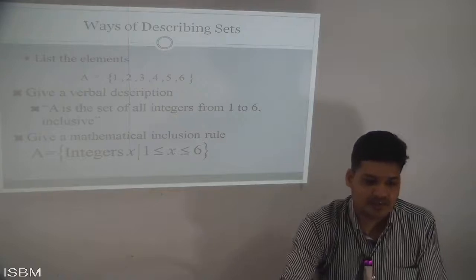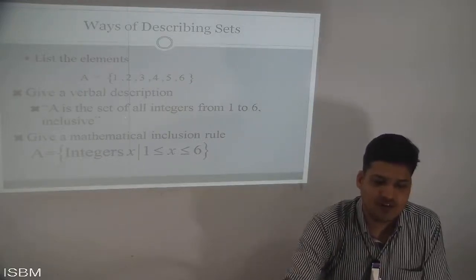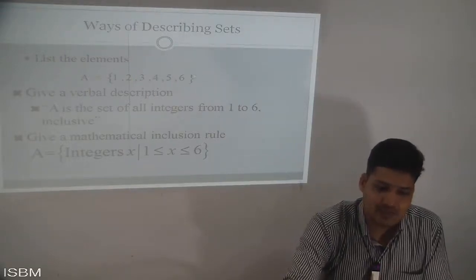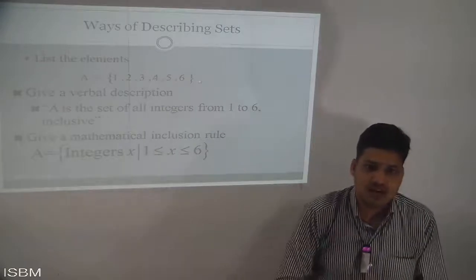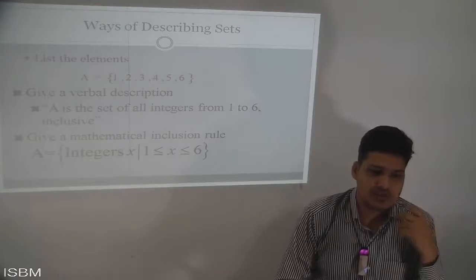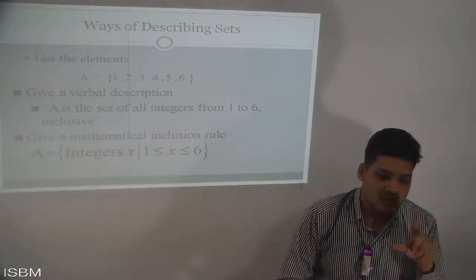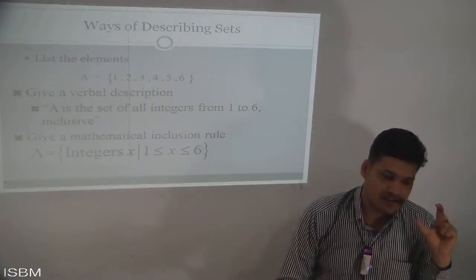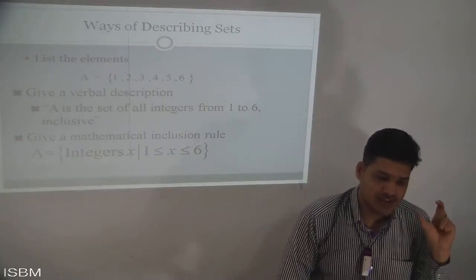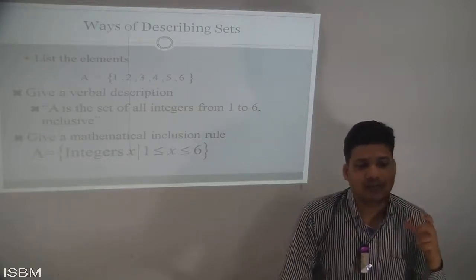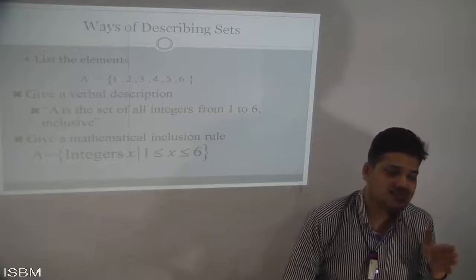Give a verbal description: A is a set of all integers from 1 to 6 inclusive. Inclusive in the sense that 1 and 6 are both included as elements of set A. If they use the word exclusive, then we have to eliminate 1 and 6 over here.